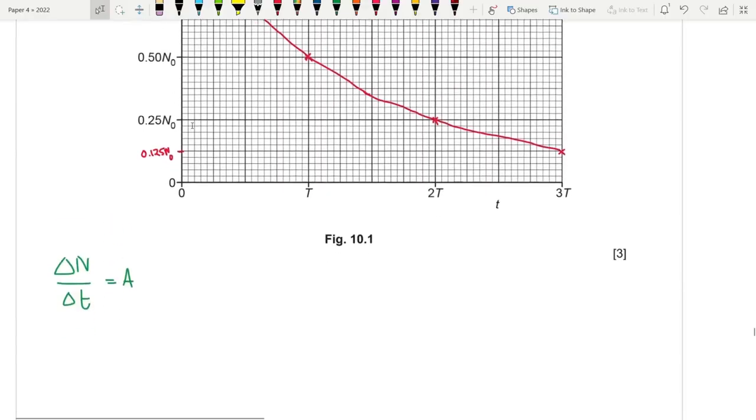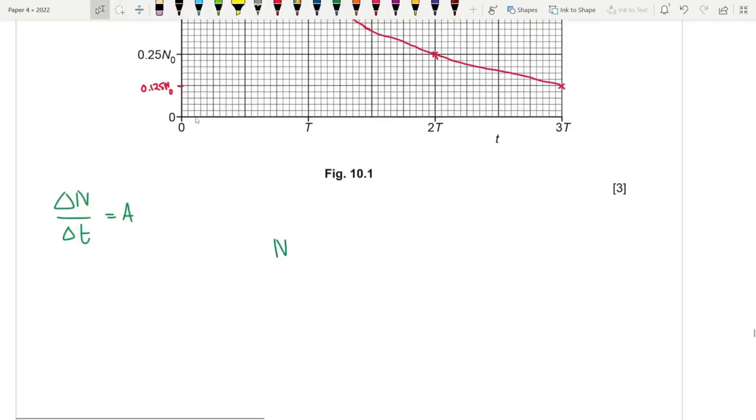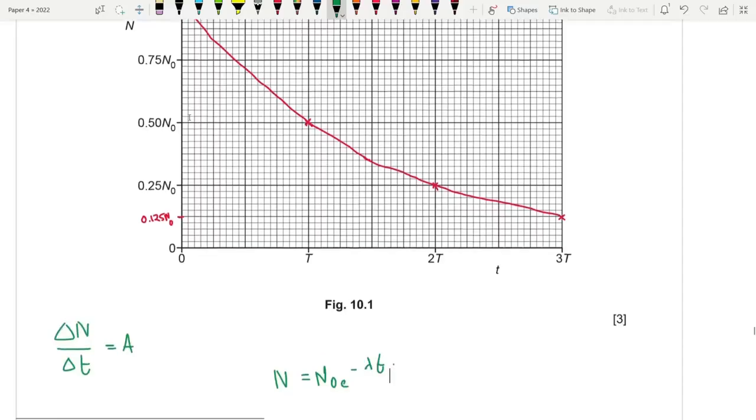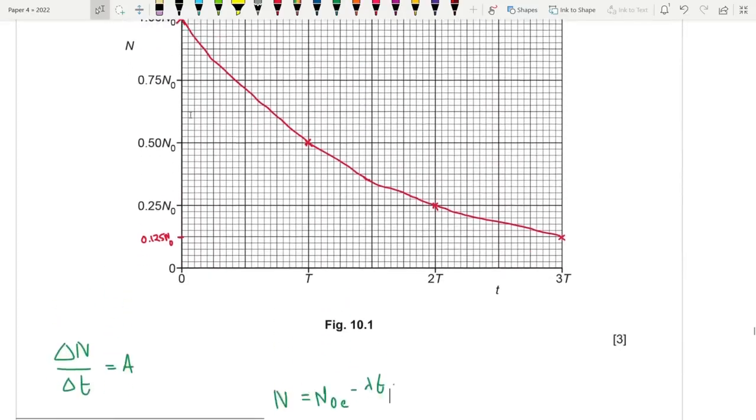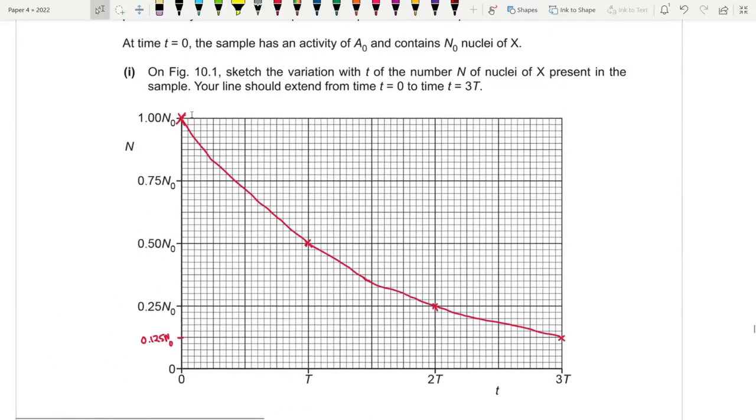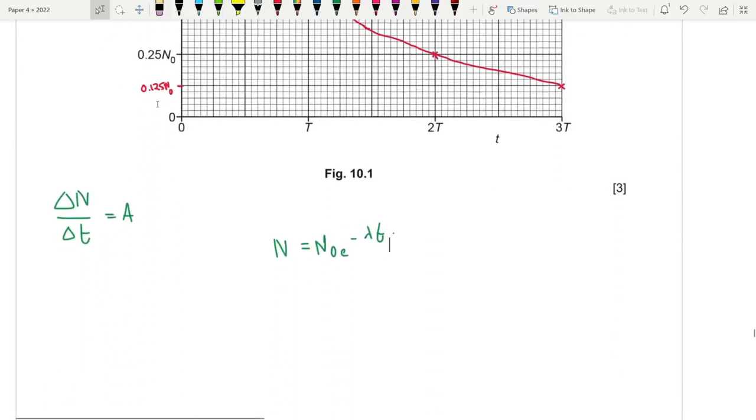This is very important because the equation for this line is actually N is equal to N naught e to the power minus lambda T. Okay, this is the equation for the graph. Now if you convert it to a linear relationship, actually, let's not do that, then we're going to get something else entirely.